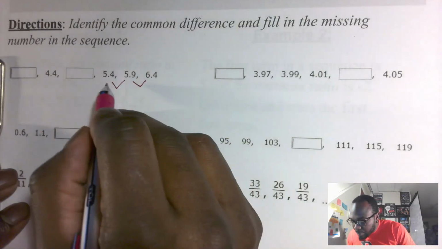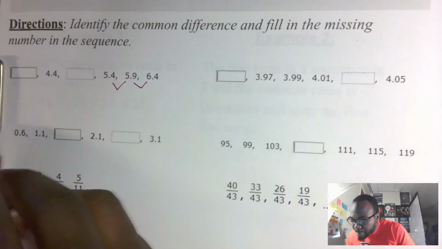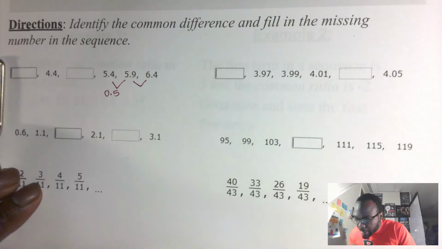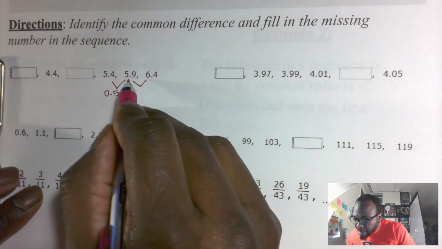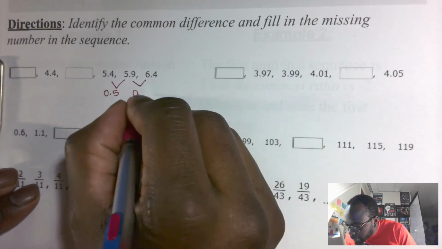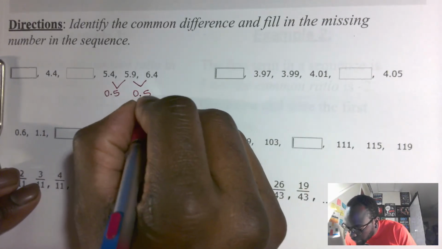All right. So if I go from 5.4 to 5.9, there's a common difference of 0.5. All right. If I go from 5.9 to 6.4, there is also a difference of what? 0.5.